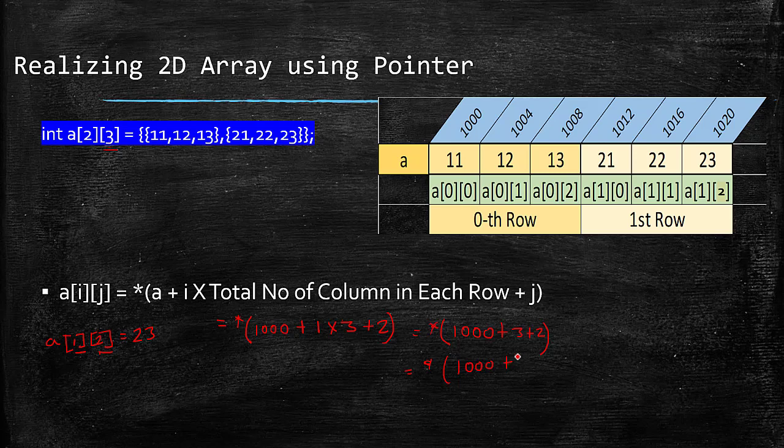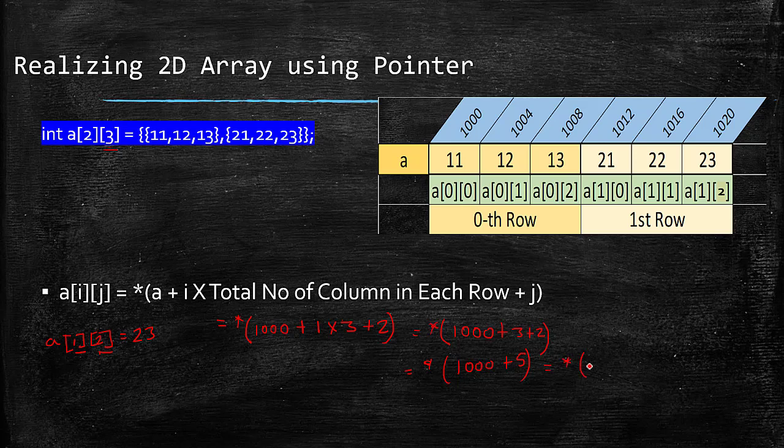1000 plus 5. Now this 5 will be multiplied by the size of integer because the array is of integer type. Here we are considering the integer size as 4 bytes. So the 5 will be multiplied by 4.